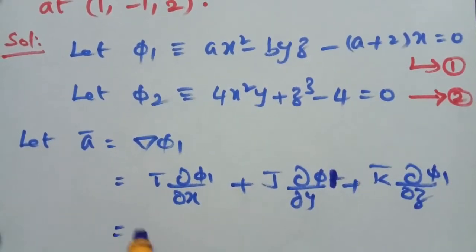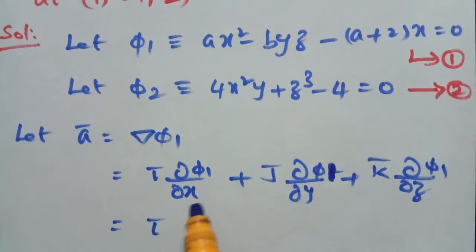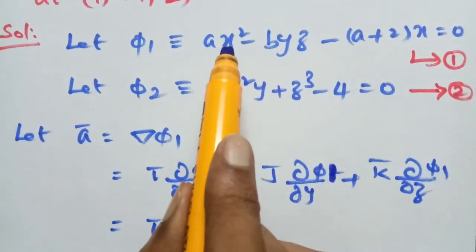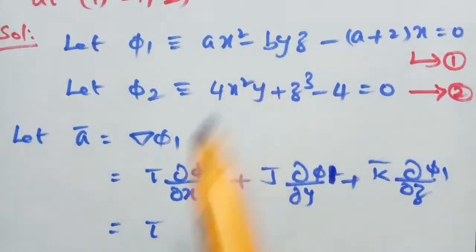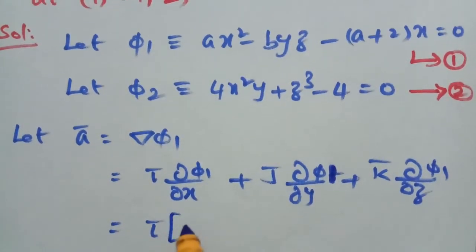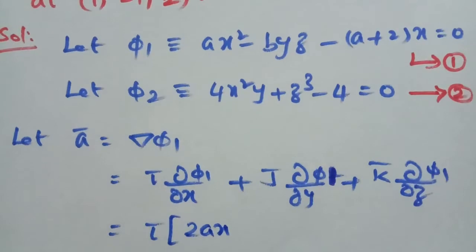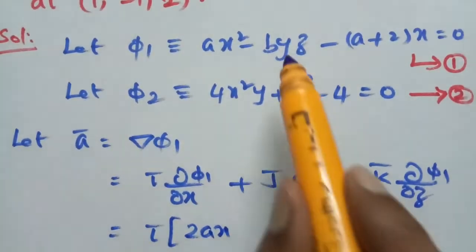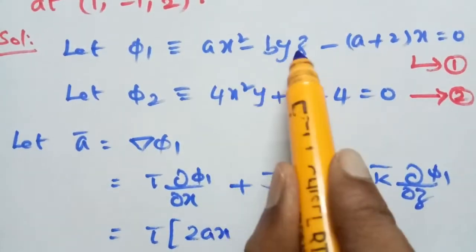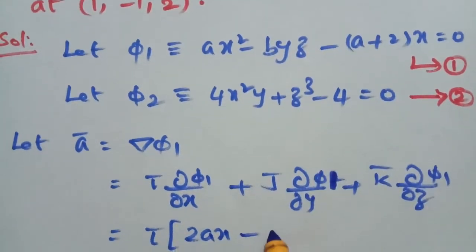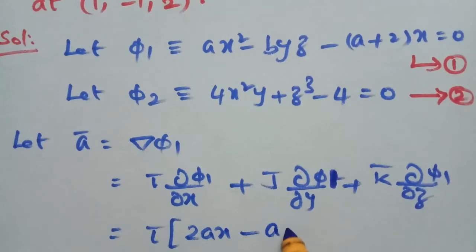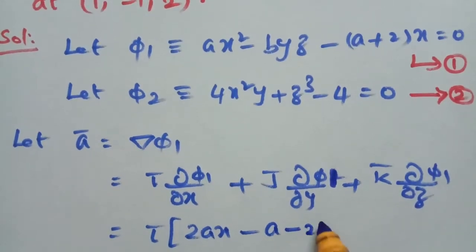Therefore, this is equal to i bar into dou by dou x of ax square minus byz minus (a plus 2) into x. The derivative of ax square is 2ax, since the derivative of x square is 2x. The byz derivative becomes 0 since y and z are constants. Therefore, minus (a plus 2), that is minus a minus 2.